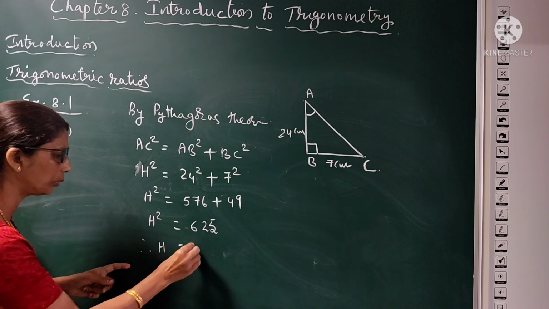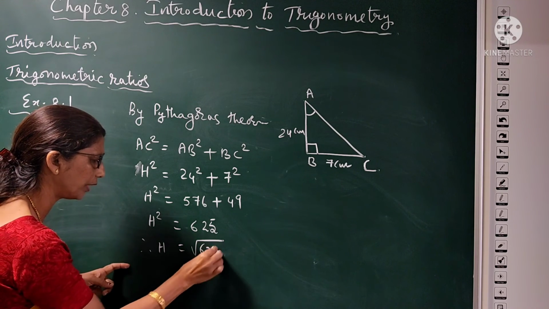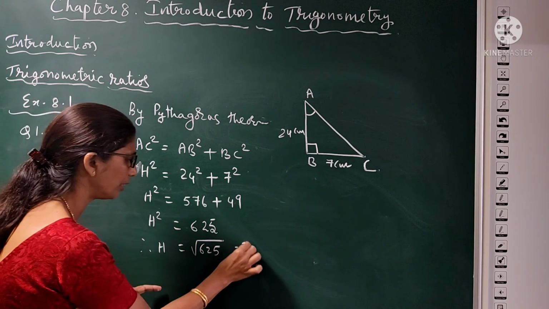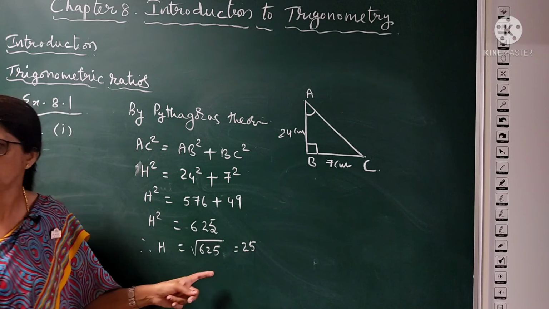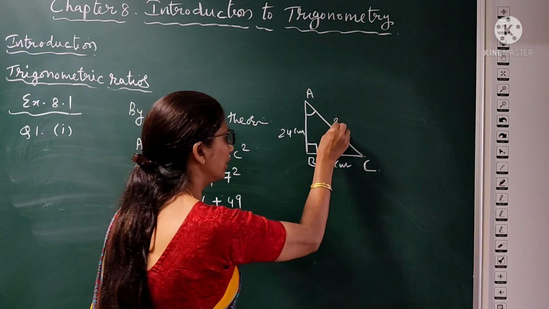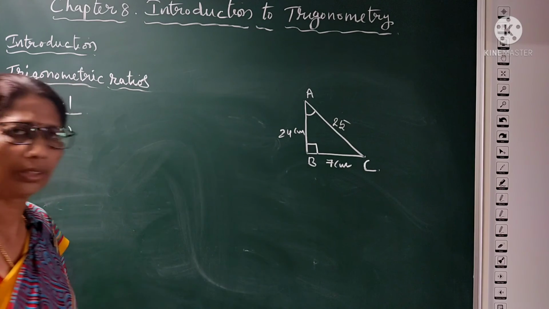Therefore H equal to the square root of 625. The square root of 625 is 25. We can write it here, this is 25.